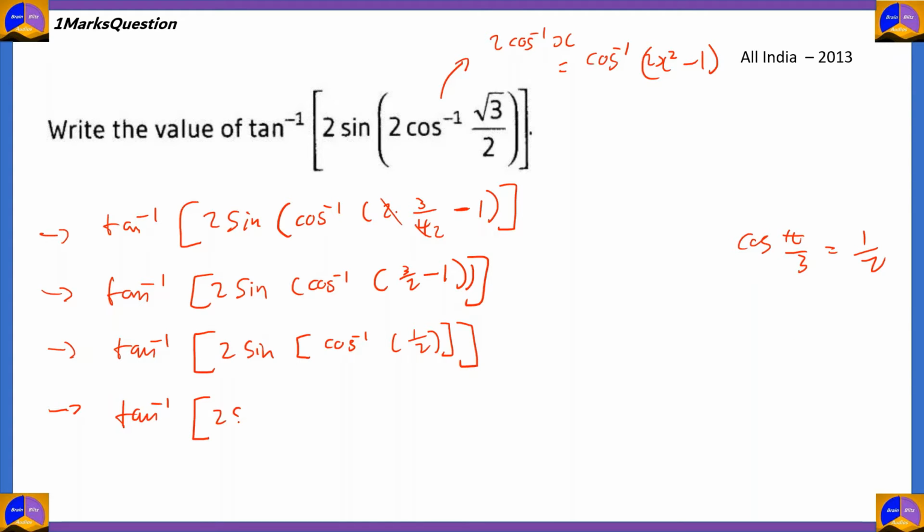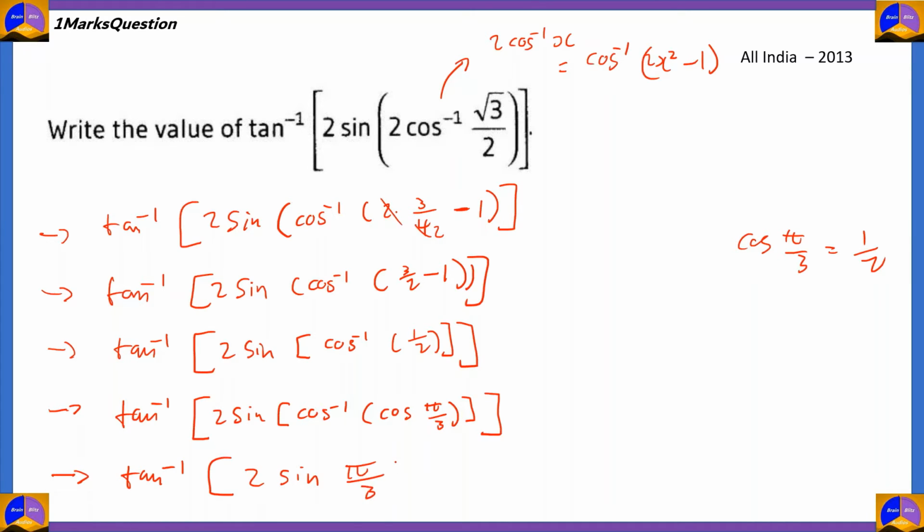So it will be tan inverse of 2 sine cos inverse of cos pi by 3. And now it's just easy. You can remove cos inverse and cos because they are reciprocal functions, so they get removed. So you get tan inverse of 2 sine pi by 3.